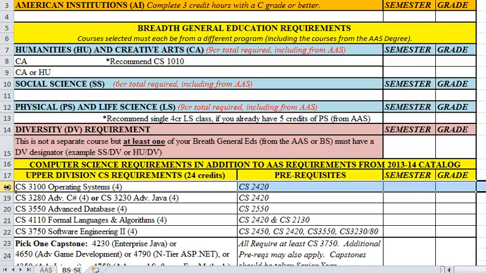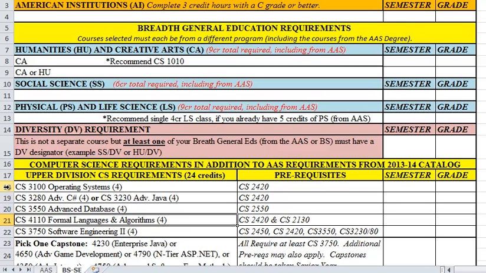CS 3100 operating systems, then advanced C# programming or Java, advanced database, formal languages and algorithms, and software engineering. All of these core classes are designed to build off of your Associate of Applied Science degree and require the lower division prerequisites. Typically, you will take these 5 core courses during your 3rd and 4th year experience.